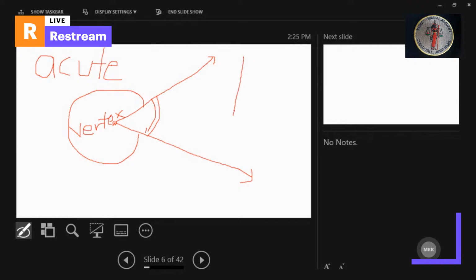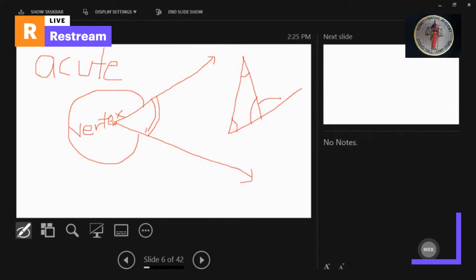Likewise, we can have a situation like this, where you have the triangle here with the 3 interior angles.